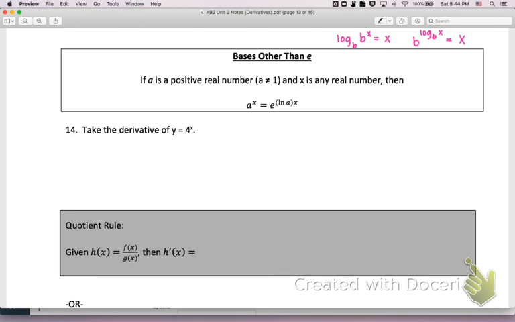So if I have a base that's other than e, we're going to call it a. We don't want to call it 1 because 1 to any power would be 1. Doesn't matter. We can always rewrite this as e to the natural log of a times x power.